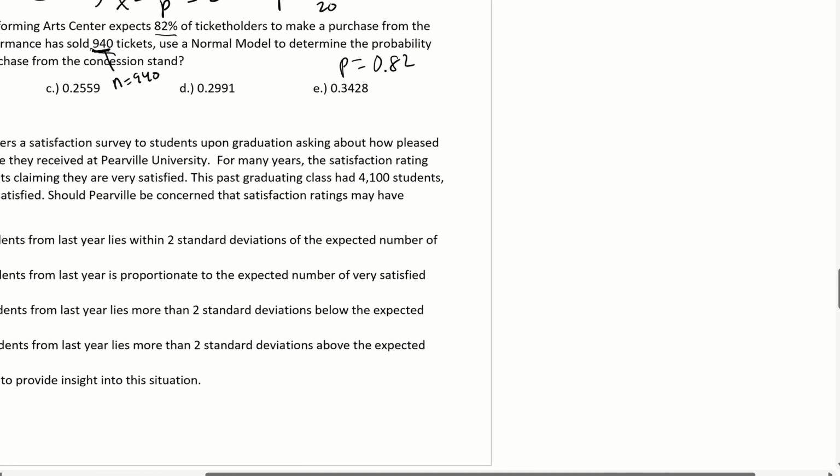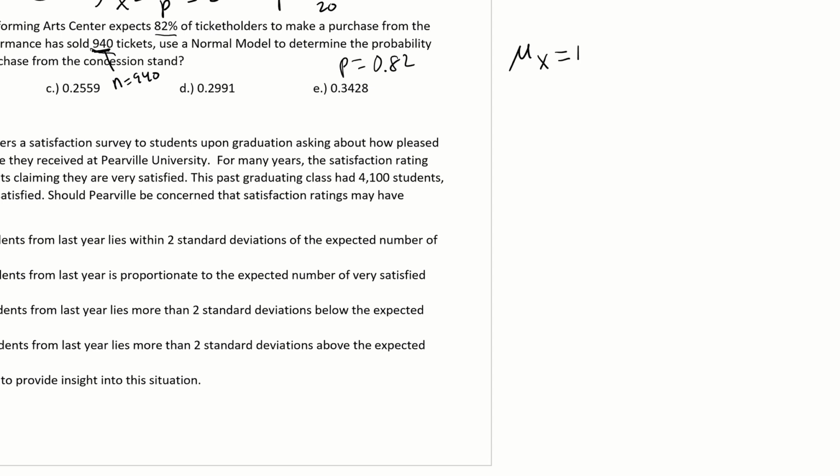Remember, we're using a binomial here, but we're using a normal model to approximate it, and we can do that because it satisfies the success-failure condition. You have to satisfy that in order to use the normal.